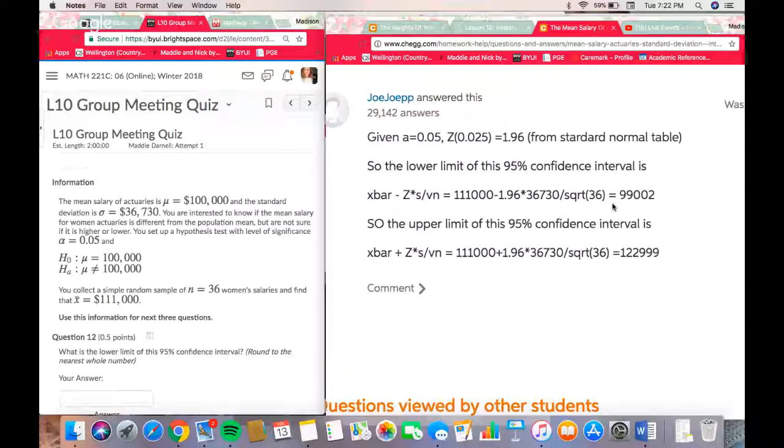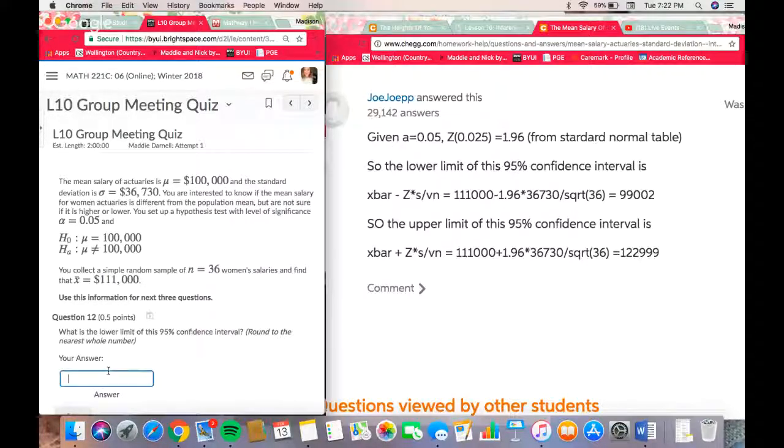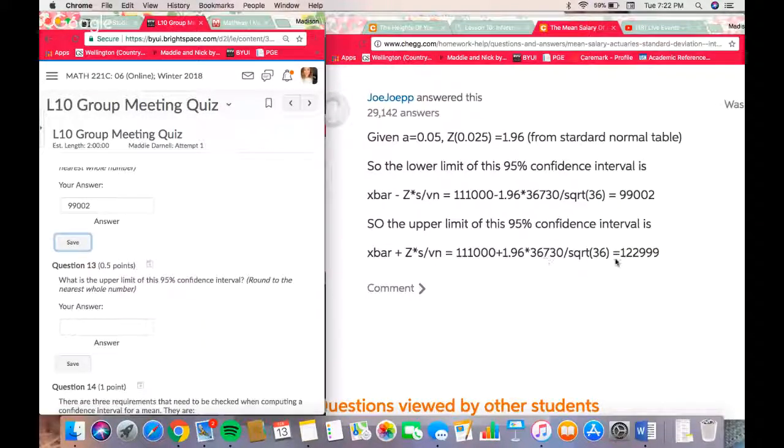A lot of math. So basically, the lower limit is 99,002. And the upper limit is 122,999.